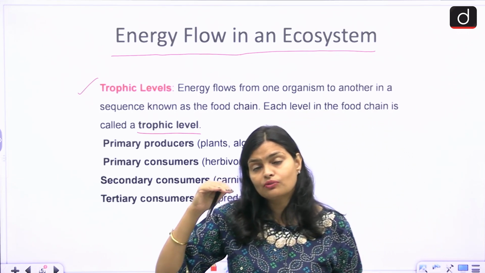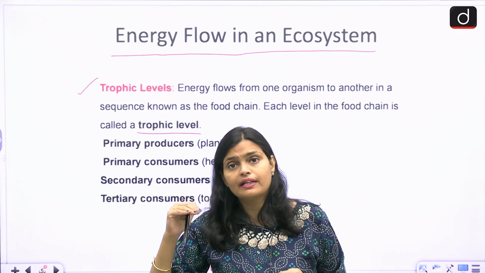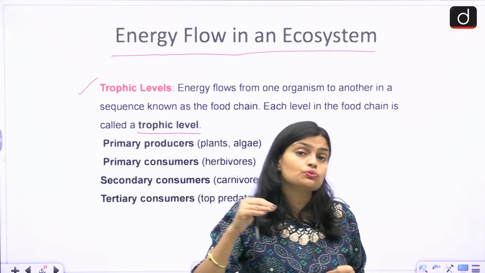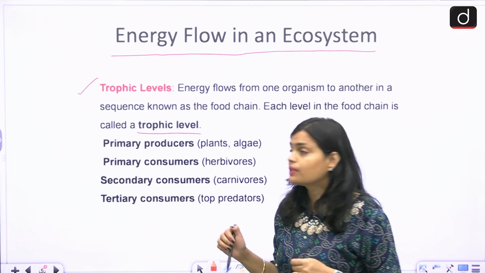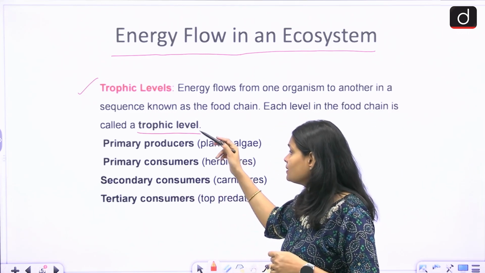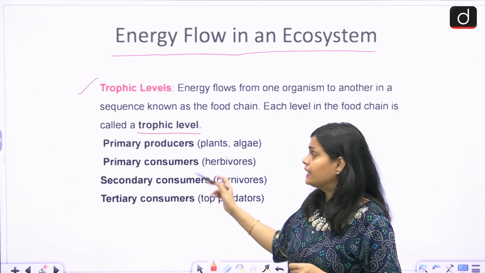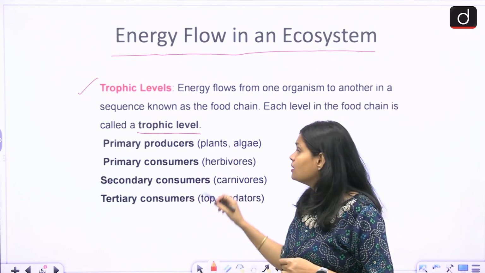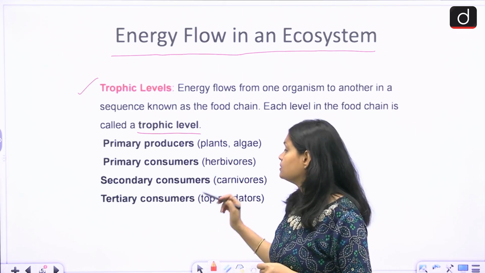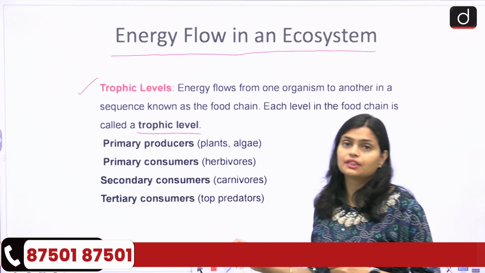The grasshopper comes on the second level, the primary consumer, which directly consumes the grass. So we have primary producer, primary consumer, secondary consumer, tertiary consumer.